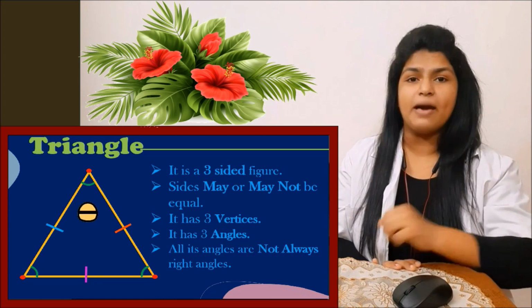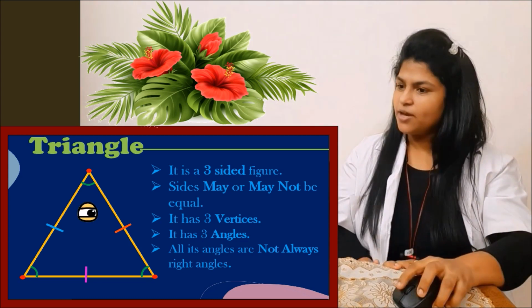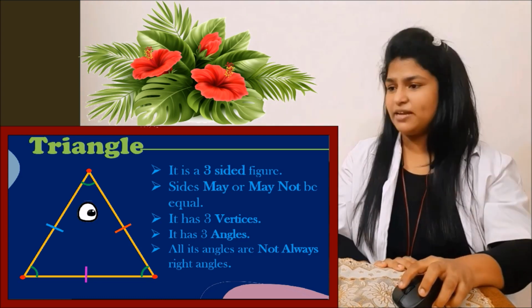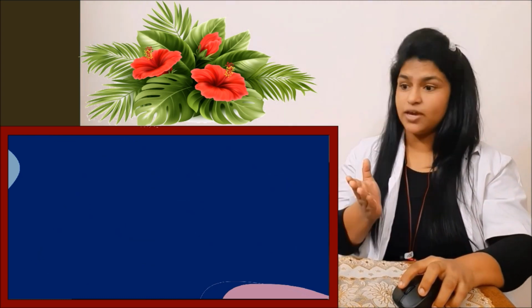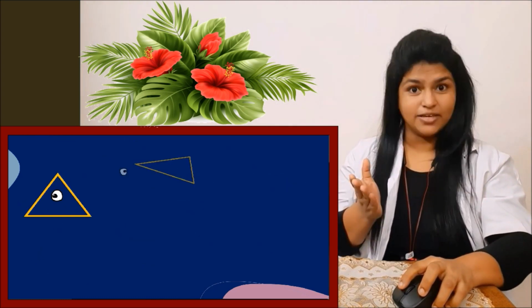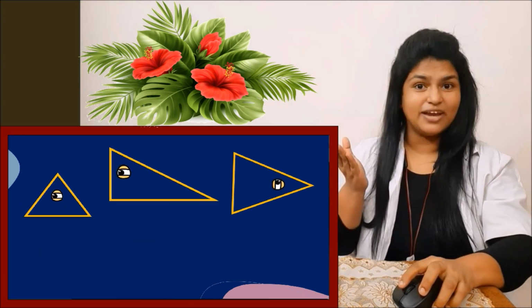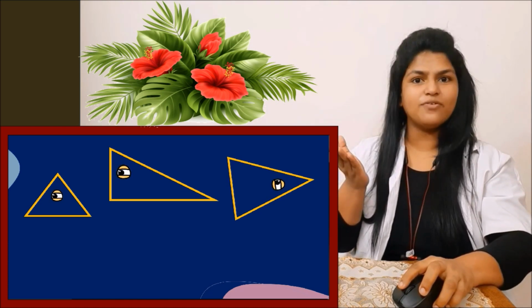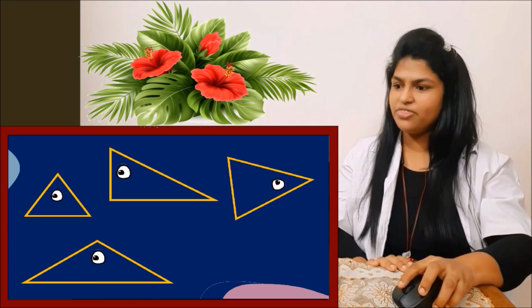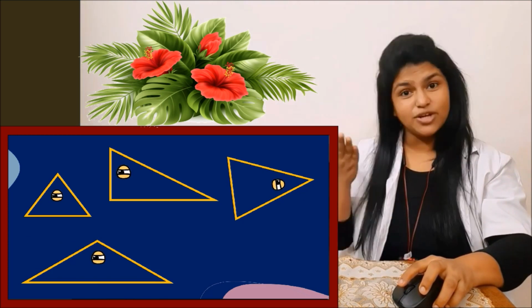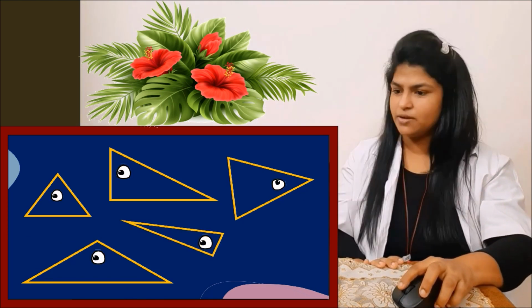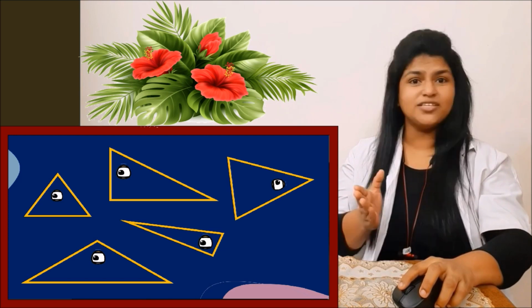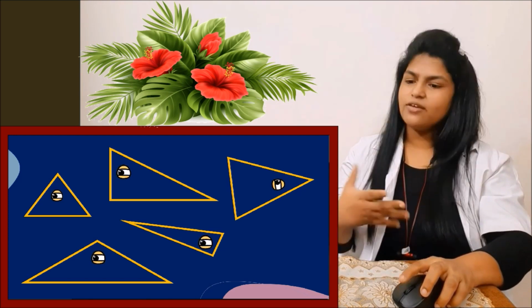Let's look into their family. Triangle Trivedi's family may look like this. Some are like this. Here, can you see there's a right angle on one side? But not over here. This doesn't have a right angle. But what about this? There are 2 acute angles and an obtuse angle here.